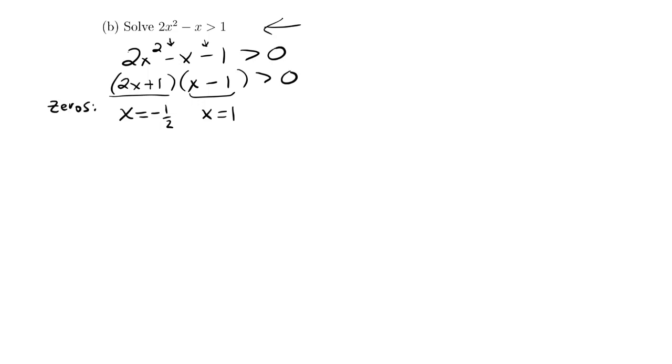So I'm going to put the number line over here for some space. All right, so I need to put negative 1/2 and 1 on my number line. And that's where I'm going to break the number line. All right, and so I just need some numbers in each of these regions here.